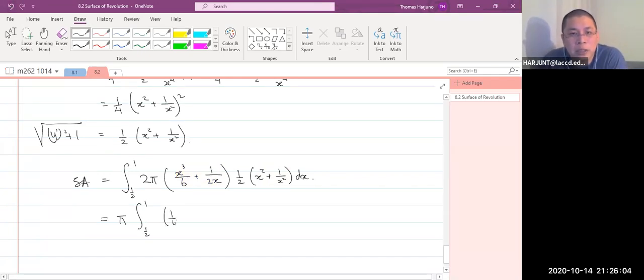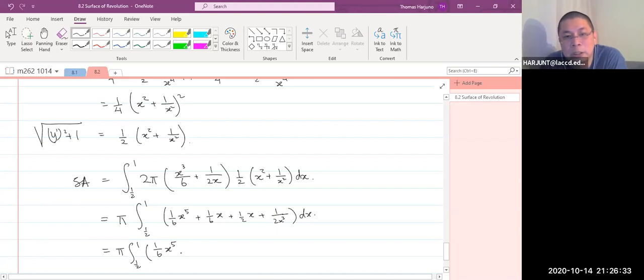So that's 1/6 x to the 5th plus 1/6 x plus 1/2 x plus 1/2 x, 1 over x, 2x cubed dx. And 6x to the 5th, 2/3 x, 1 over 2x cubed dx.